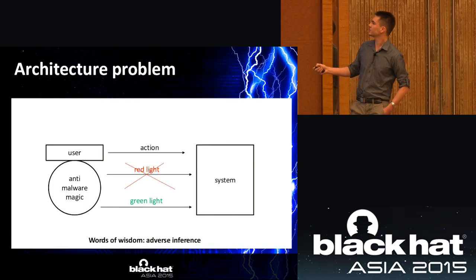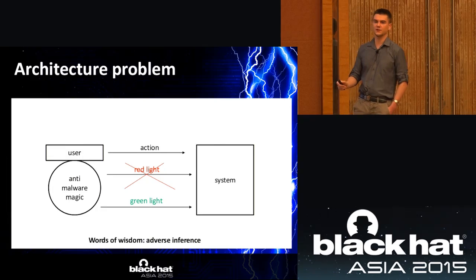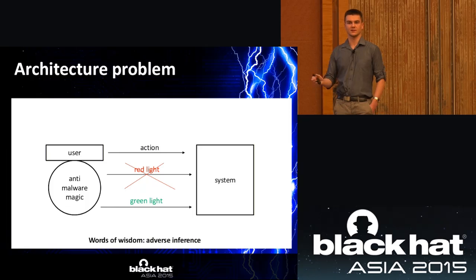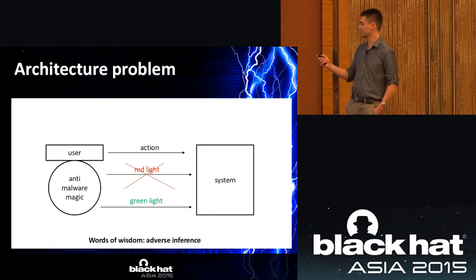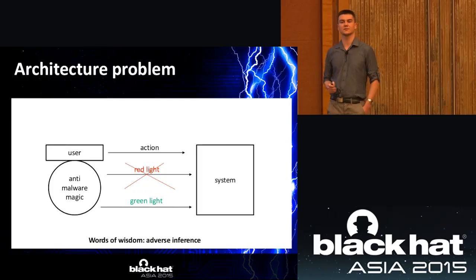So if this anti-malware magic would send a green light instead of a red light, then the system could use the adverse inference and think, okay, if there is no message from the client browser, something is wrong. So if there is no green light, the station is malwareized.